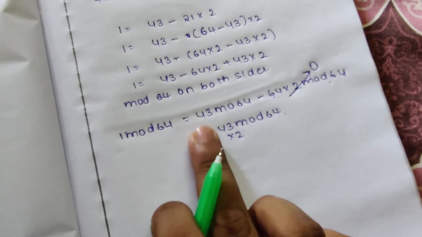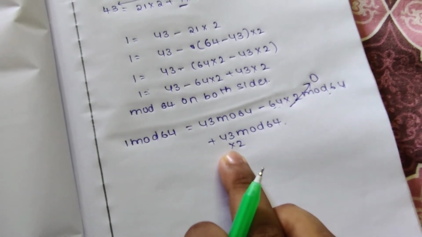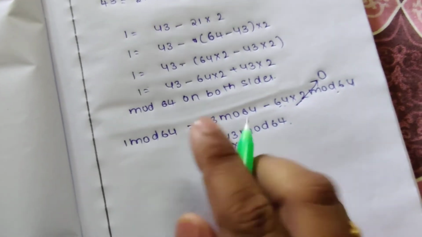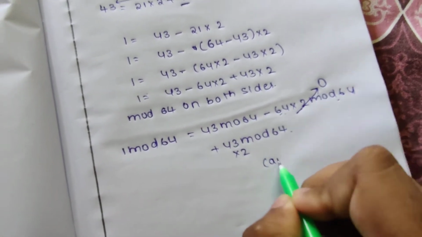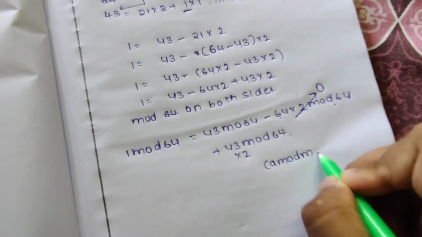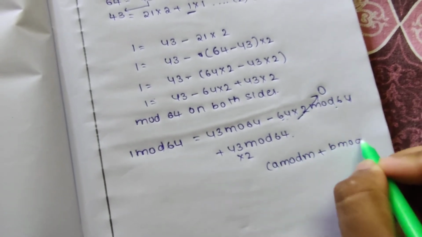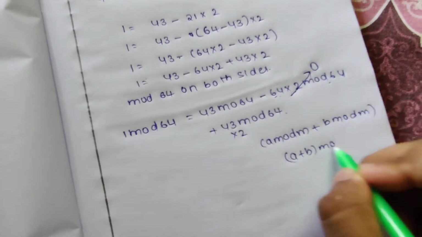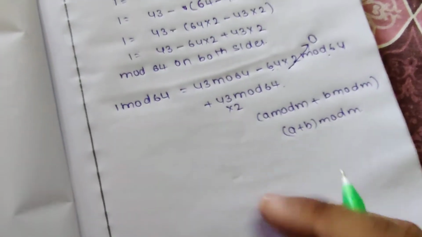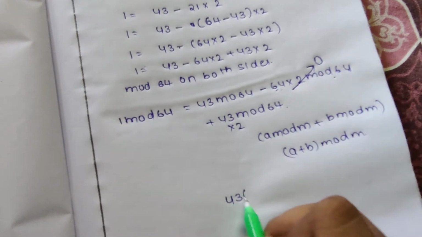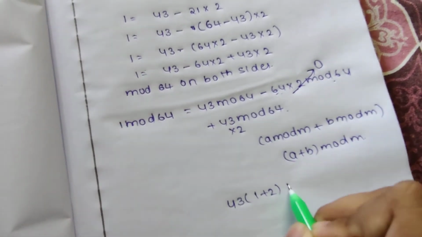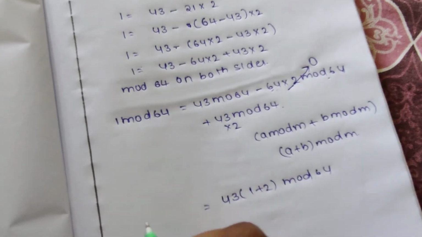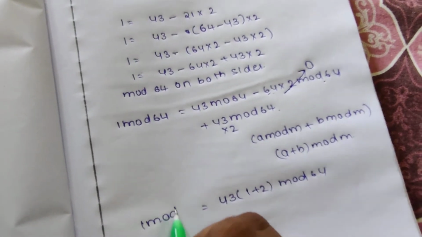Now here 43 into 2 is there. We know that a mod m plus b mod m means a plus b mod m. So simply you can write 43 into 1 plus 2 mod 64 equal to 1 mod 64.